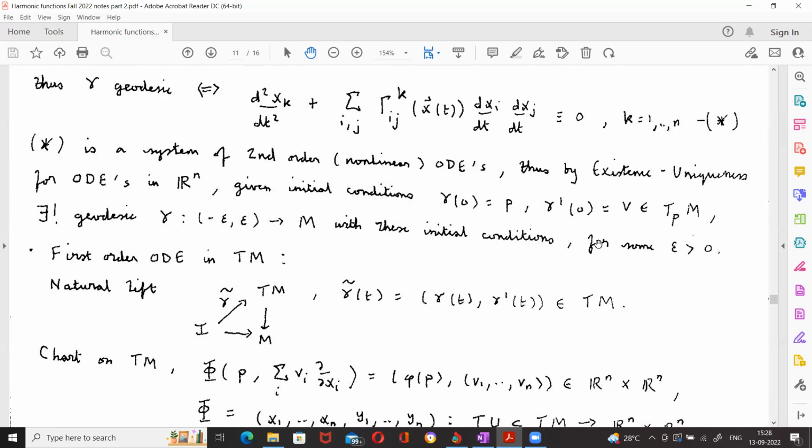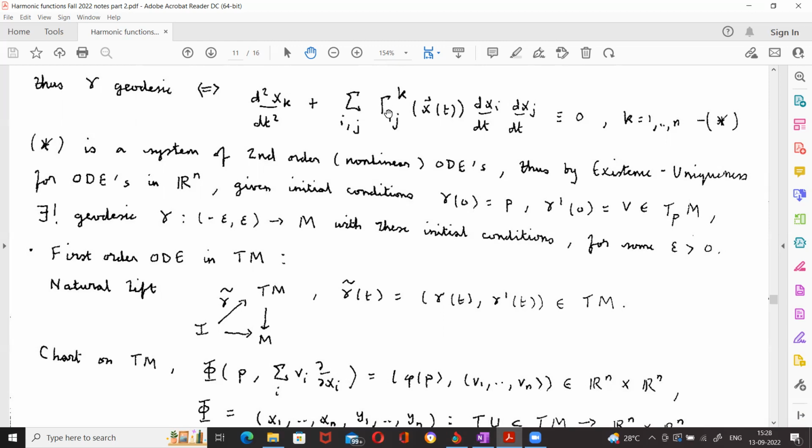Now, this is a system of second order ODEs, but you would have studied, maybe even in school, how to convert a system of higher order ODEs into a first order system. You introduce new variables. So here we can do the same.